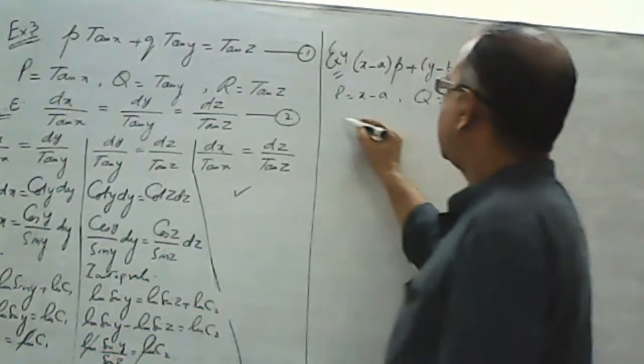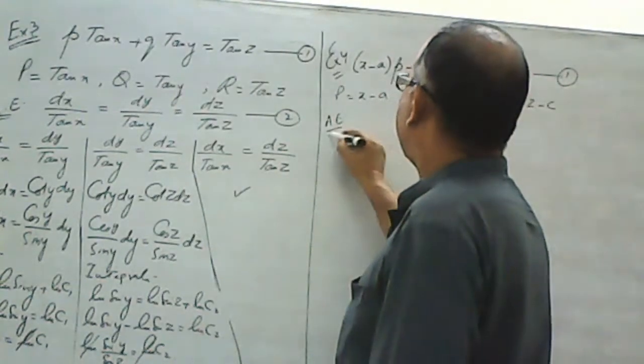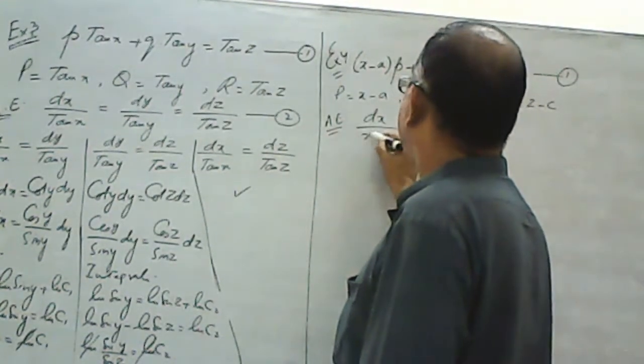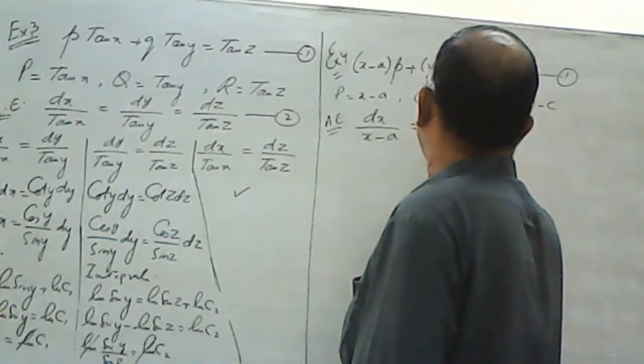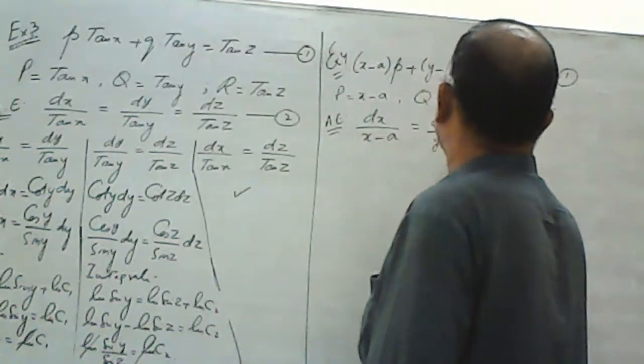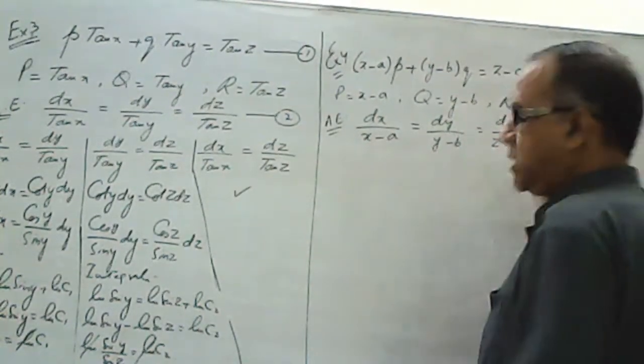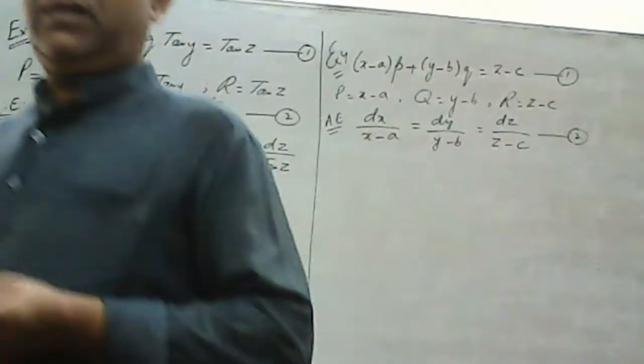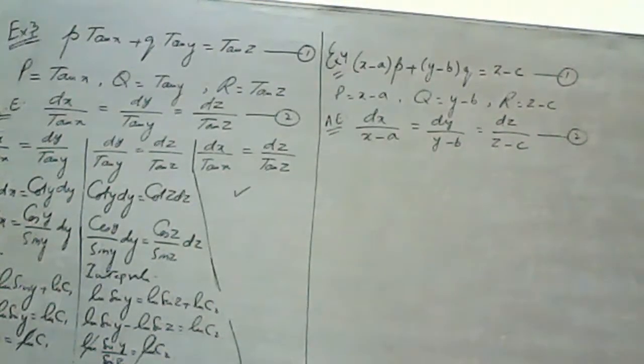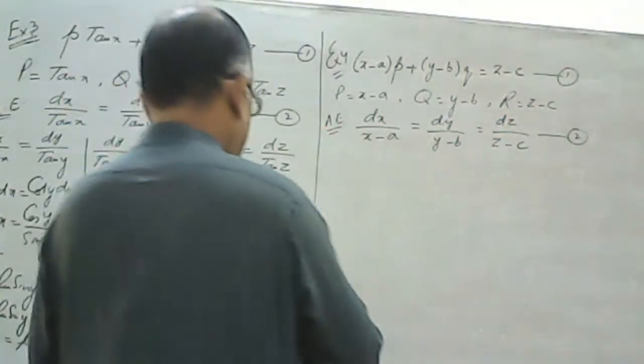Then writing the auxiliary equation. Here the auxiliary equation is dx over x minus a equal to dy over y minus b equal to dz over z minus c. This is equation number 2. Now it's time to write the pairs.